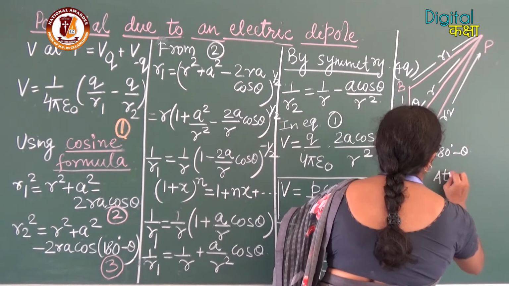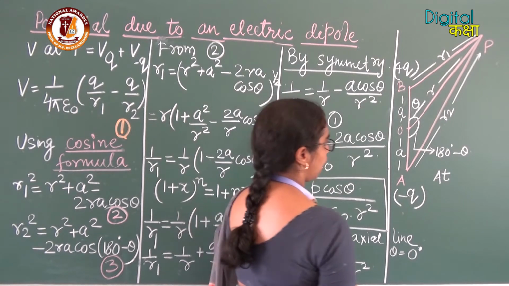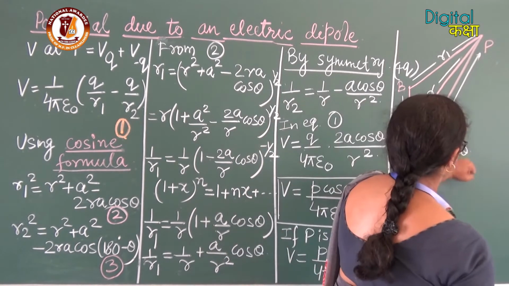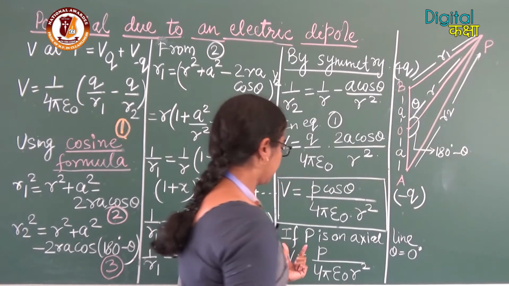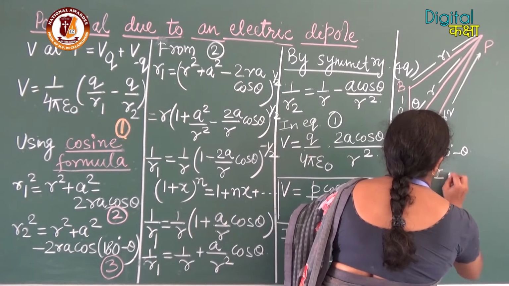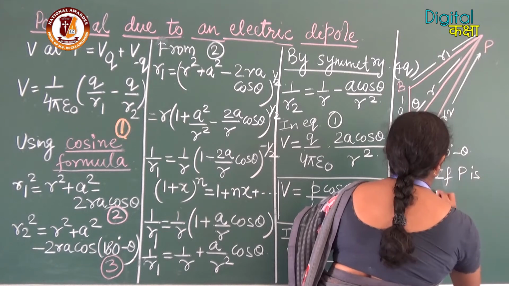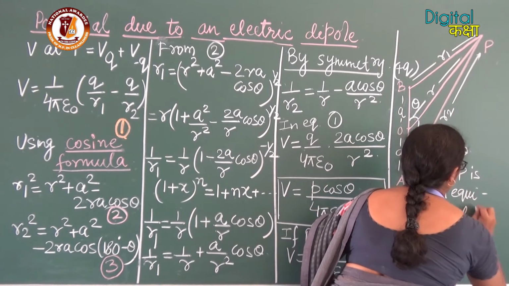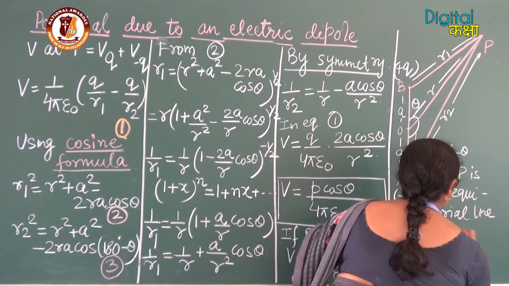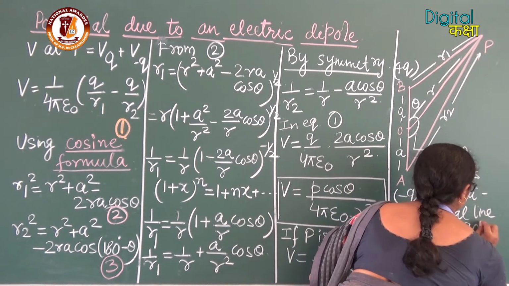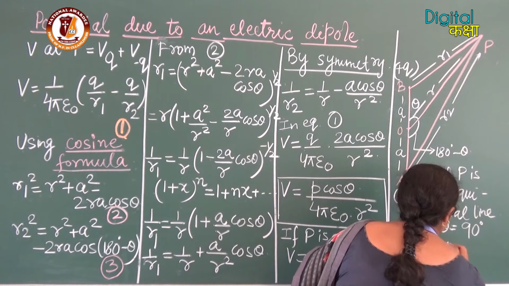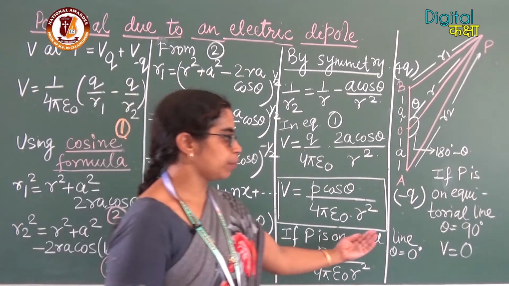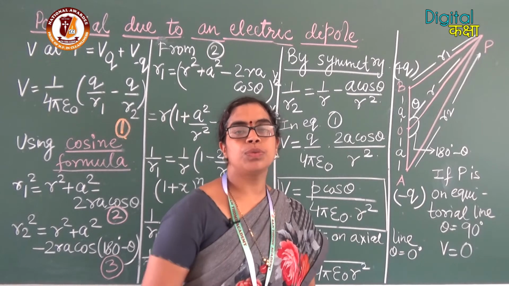And if P is on the equatorial line, the angle theta is equal to 90 degree. So the value of the potential due to the dipole at that point will be equal to 0.